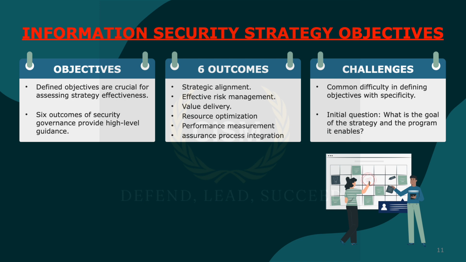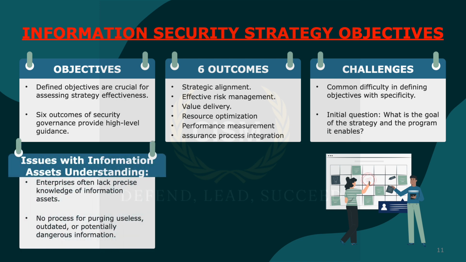Friends, to amplify this, we can say that defining objectives can be tricky because it is often hard to be very specific. The first question to answer is what is the main aim of the strategy and the program it supports. Next point is about the issue with the information asset understanding.